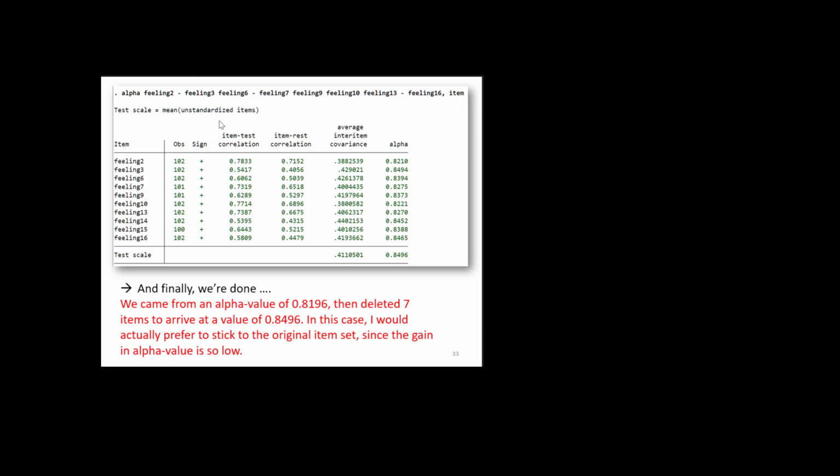However, as I told you, in principle, we want to keep the existing scale, and if we only increase the alpha a little bit, from 0.81, I believe, or 0.82, to 0.85, well, we might consider not deleting all those items. However, if you had an alpha score of 0.6, and by deleting 7 items you could increase it to 0.85, then definitely do it.